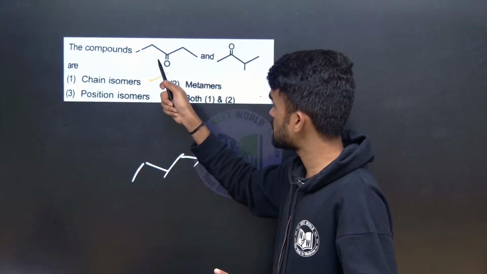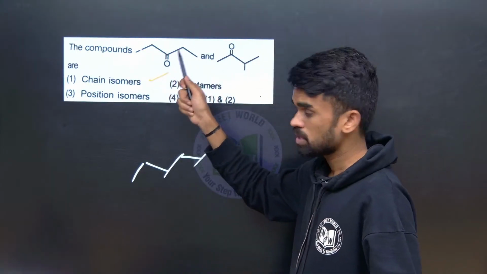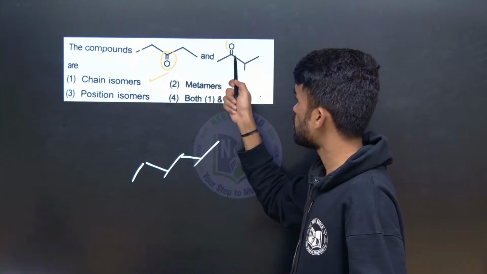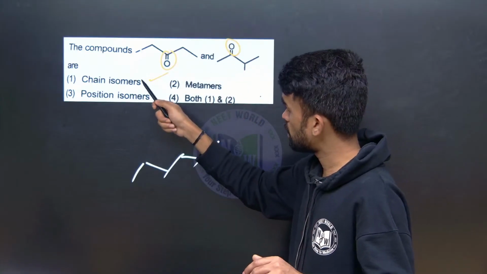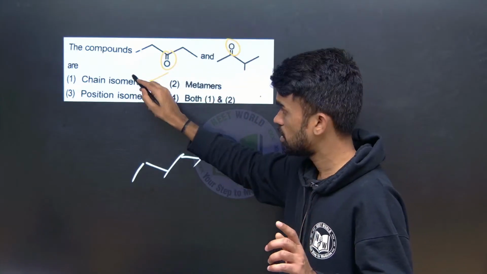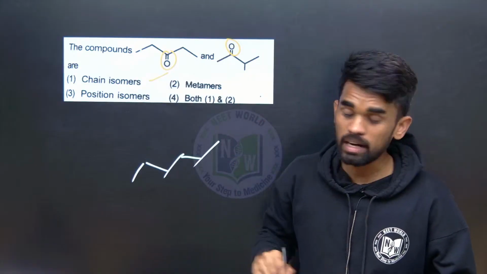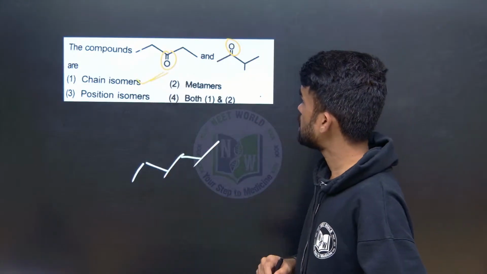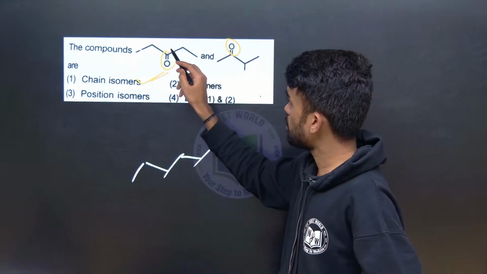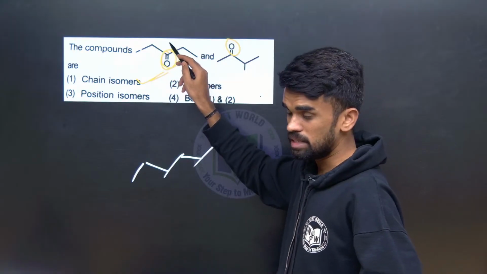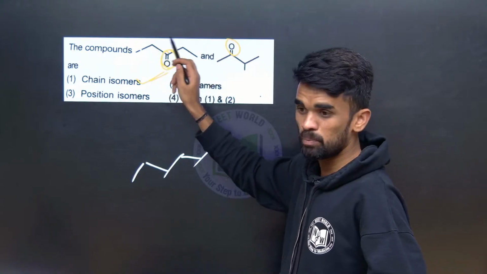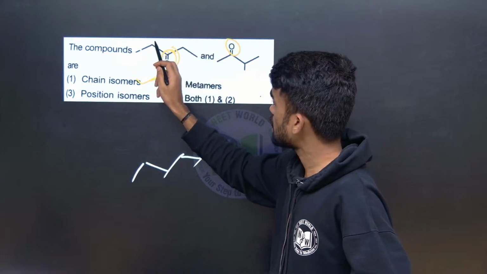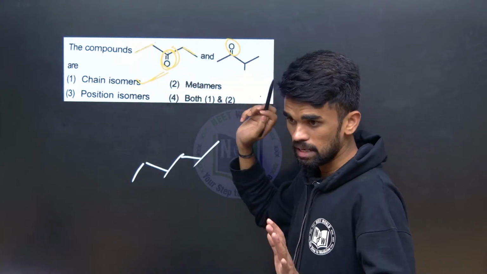Chain isomers means they differ in the parent chain, but the functional group is the same, and the chemical formula is also the same. So we can say chain isomers here, right? They differ in the parent chain, right? And what about metamers? Metamers means the same functional group, but the alkyl groups differ on both sides. Here what is the alkyl group? Here we have ethyl.